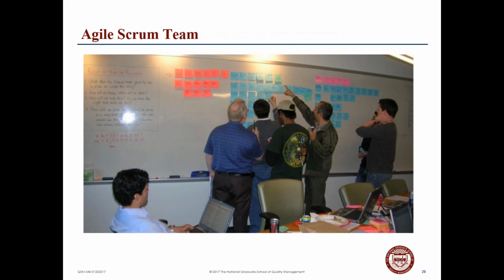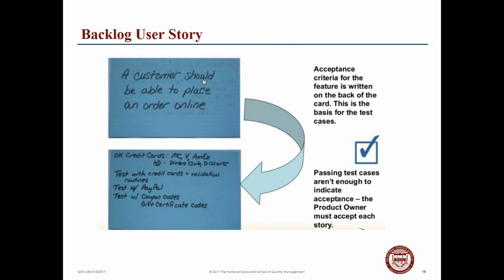So let's go back and look at that again. Each story, in this case the ability to order online, is one.